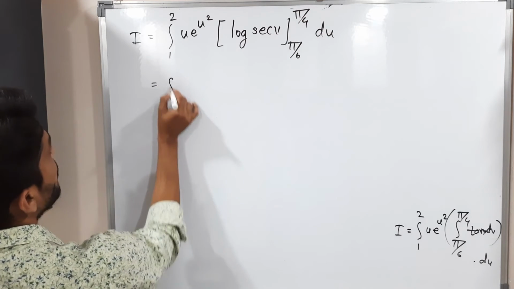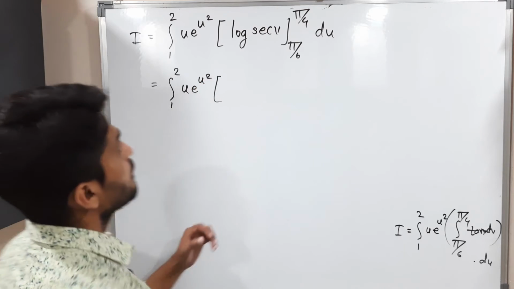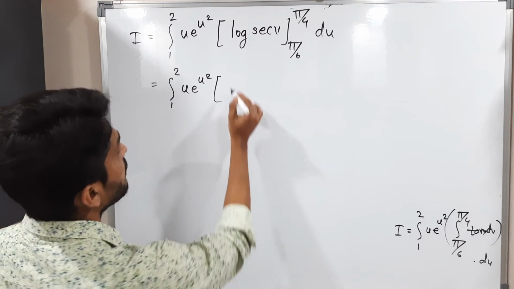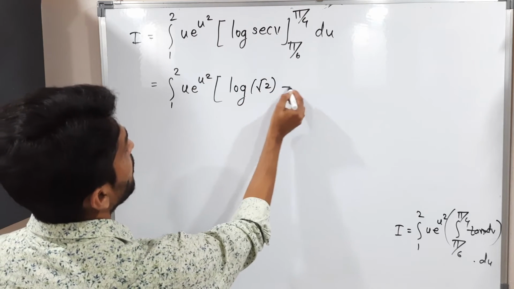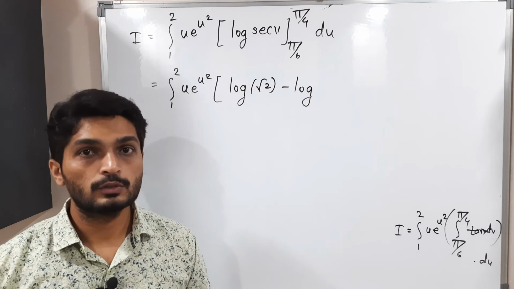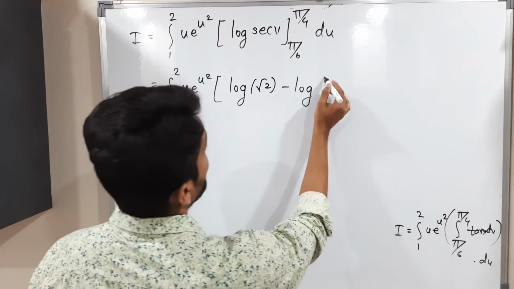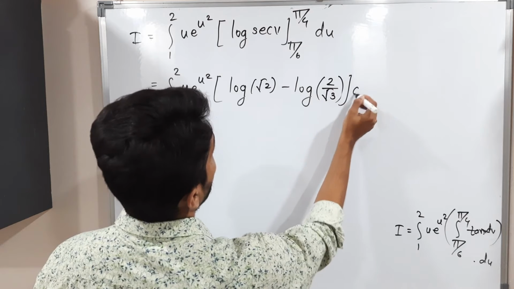So this is equal to integration 1 to 2 u e raised to u square. First of all, I will put upper limit pi by 4. So you know that sec pi by 4 is root 2, minus, I will put lower limit pi by 6. So sec pi by 6 is 2 by root 3, and du.